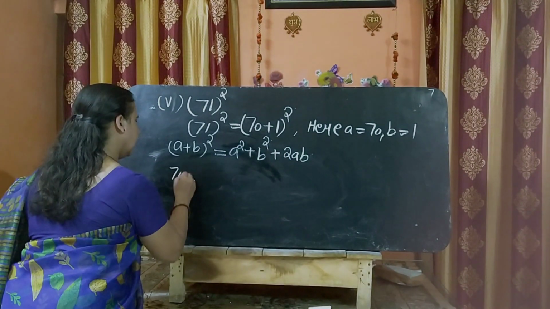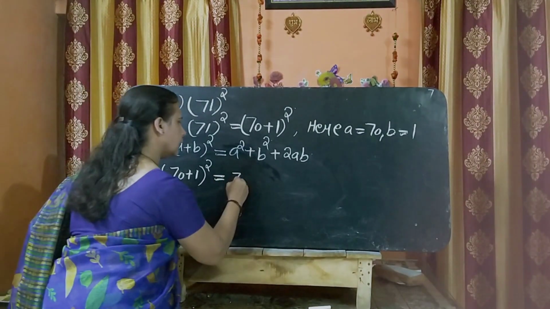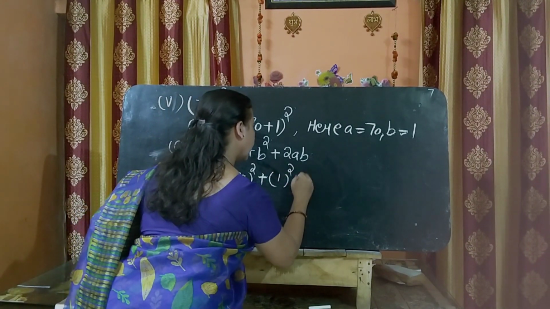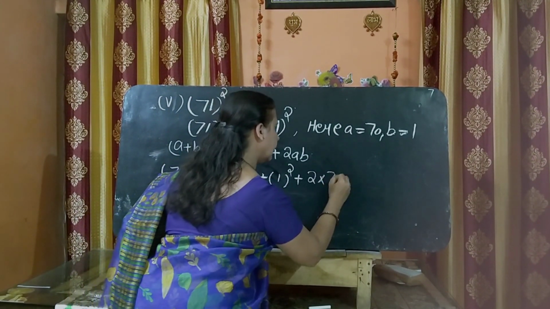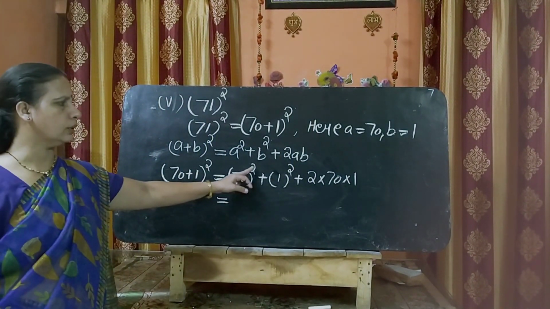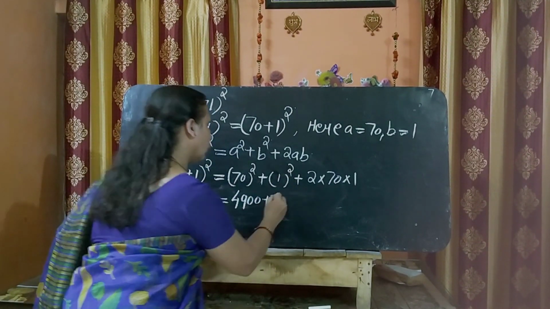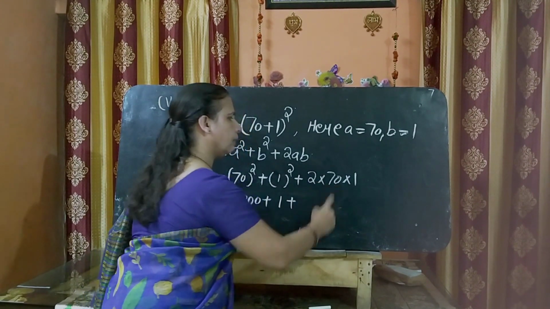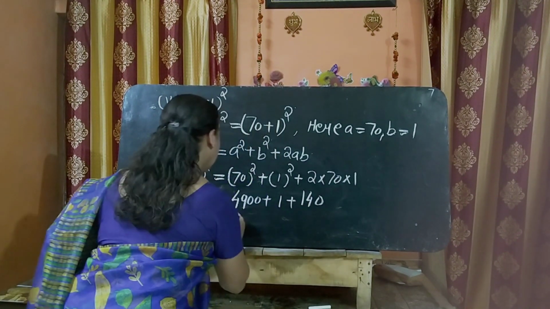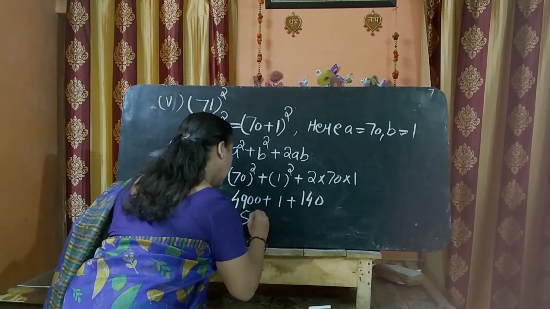That is 70 plus 1 the whole square equals a square, 70 square, plus b square, 1 square, plus 2 into a, 70 into 1. 70 square, 70 into 70, 4900, plus 1 square, 1 into 1, 1, plus 2 into 70, 140, 140 into 1, 140. After adding these three terms, we will get 5041.